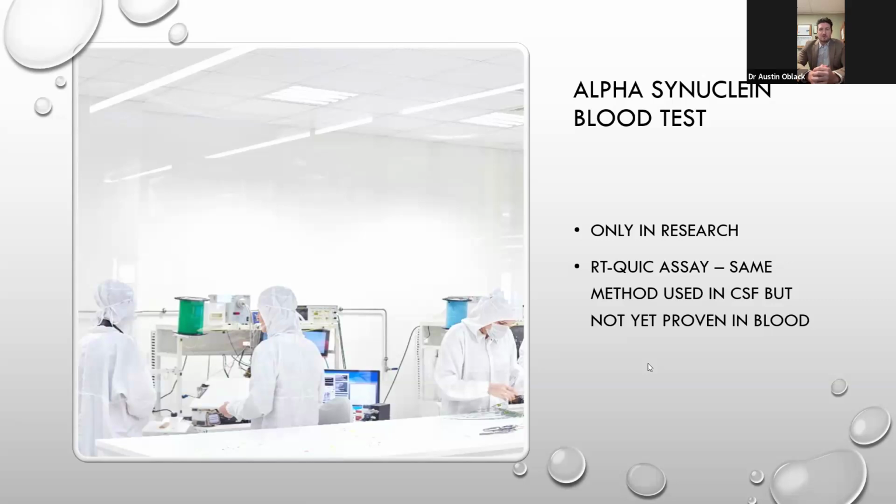It does seem a simple and more desirable type of test than doing a spinal tap, just a blood test like we get for many other diseases or monitoring. But as of right now, this is still in the research process of trying to figure out how valid it is and can be as an actual testing tool. And so as of right now, this is not on the market, but is something that's still in development and being looked into.